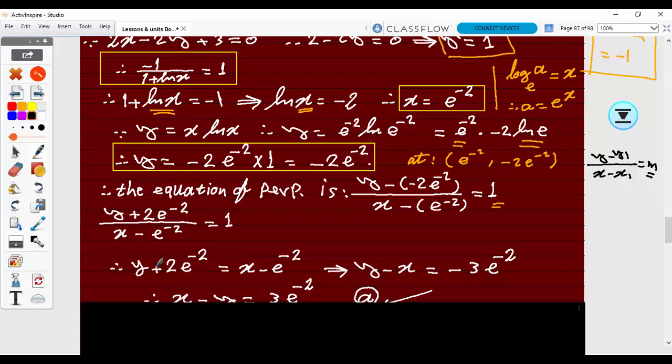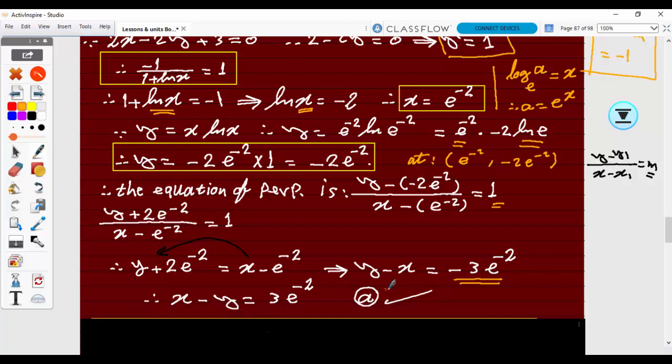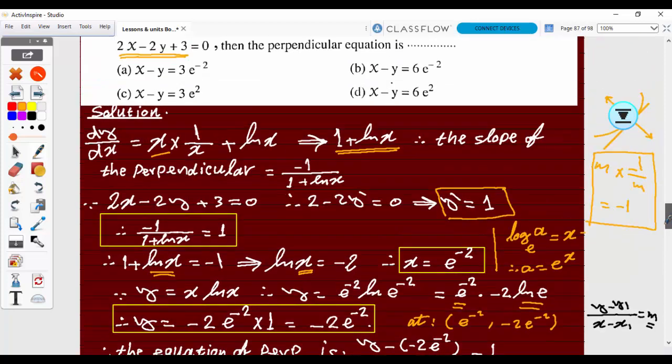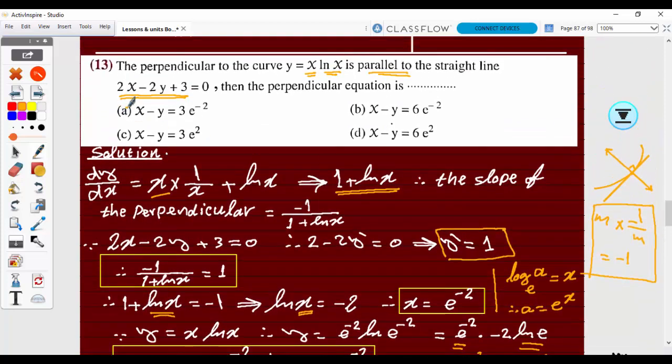So y minus x equals negative e power -2 minus 2 e power -2, which equals negative 3 e power -2. And we can write x minus y equals 3 e power -2. Of course, you can multiply by negative 1. So the result is letter A, and this is the solution.